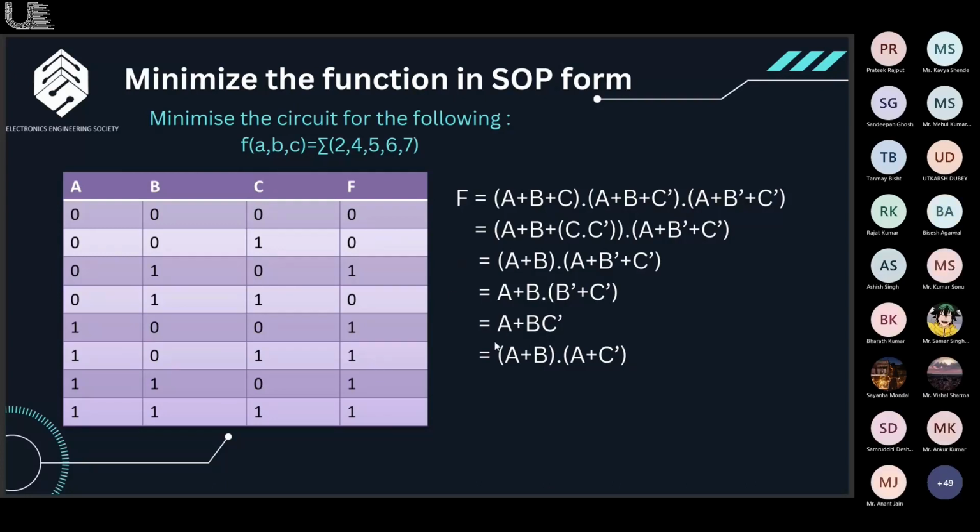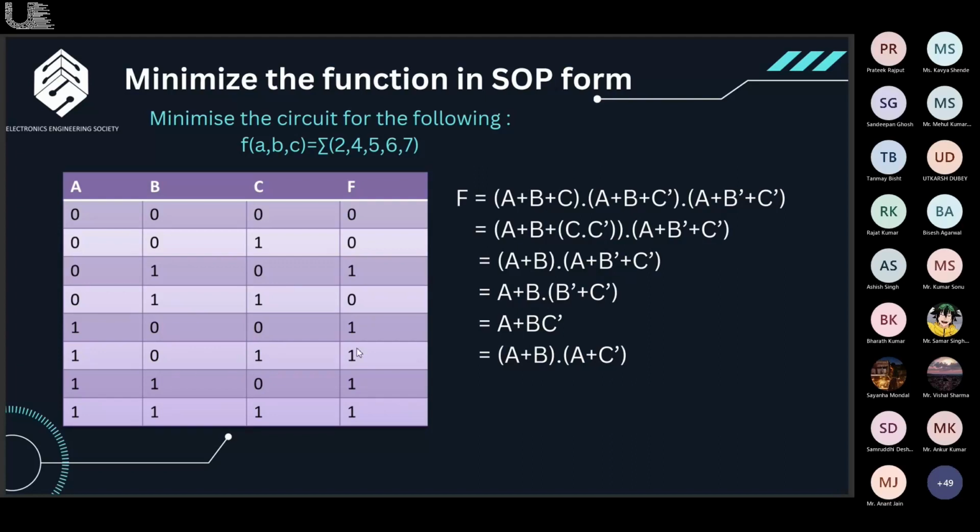So we can easily write the equivalent SOP expression. For example, the output is 1 for M2 or 010. So the SOP expression for this would be A'·B·C'. Similarly for 4, it would be A·B'·C'. For 5, it would be A·B'·C, and so on.